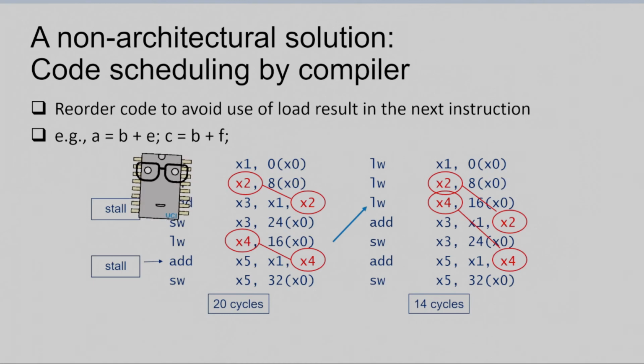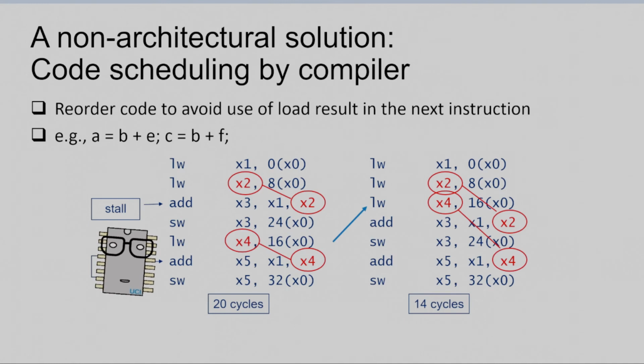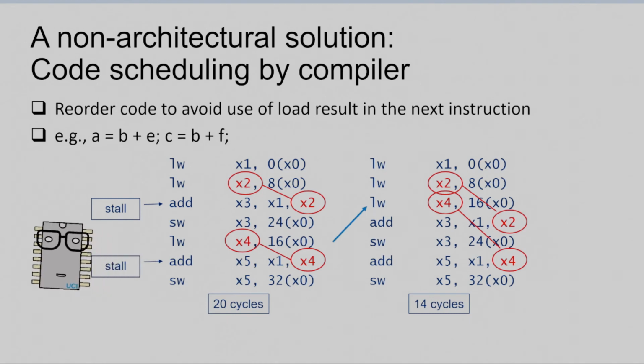If the add instruction comes immediately after the load instruction for E, then the add instruction needs to stall. Same story for the next instruction: if the add instruction comes immediately after the second load instruction, where we're loading F, because B has been loaded already to X1. So X2 is loading E, X4 is loading F. If we do this straightforward translation, we add 2 instances of stalls.